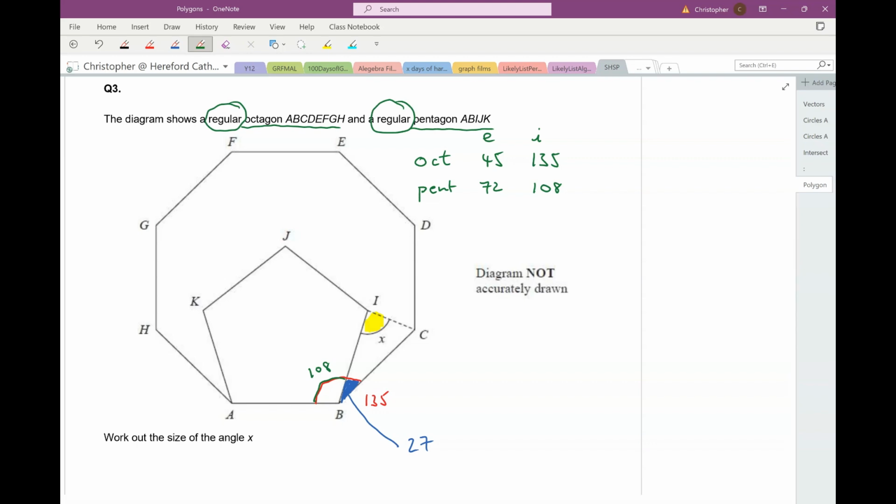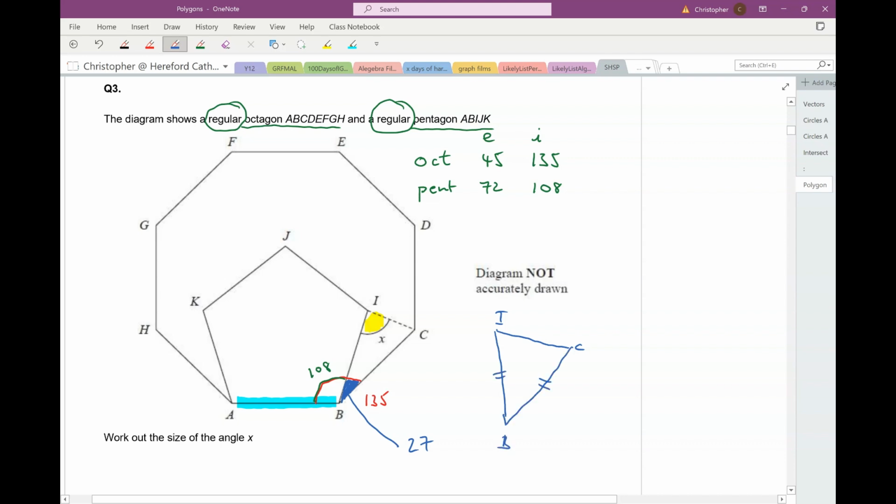But the side of the octagon and the side of the pentagon are the same length as each other, because AB is the same on both of the shapes. So this triangle here, the triangle from I to C to B, is actually isosceles, because that length is the same as that one.